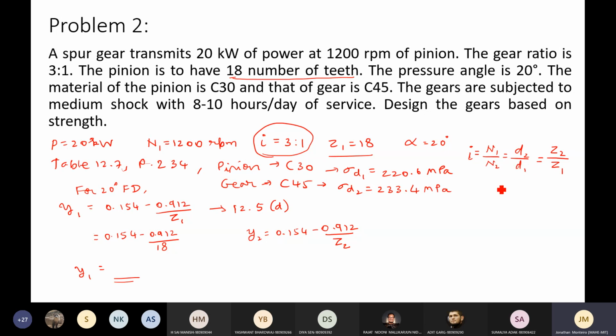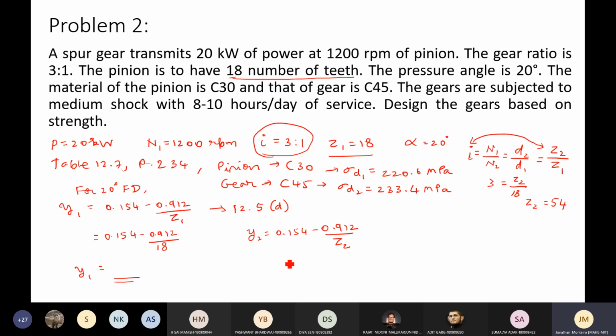With this in mind, you can calculate Z2. So 3 is equal to Z2 by 18, equating this and this. So Z2 must be 3 times 18, that is 54.